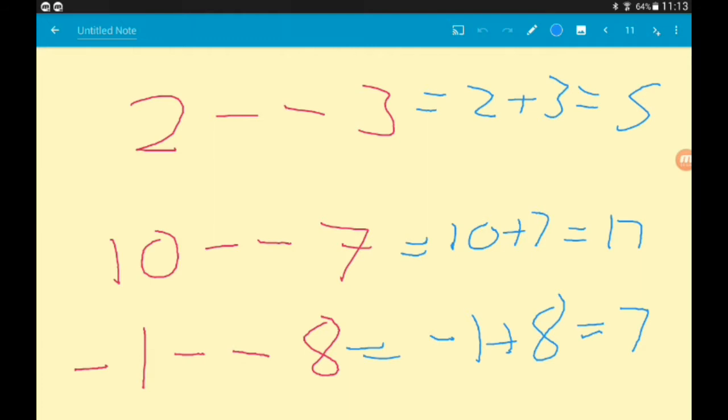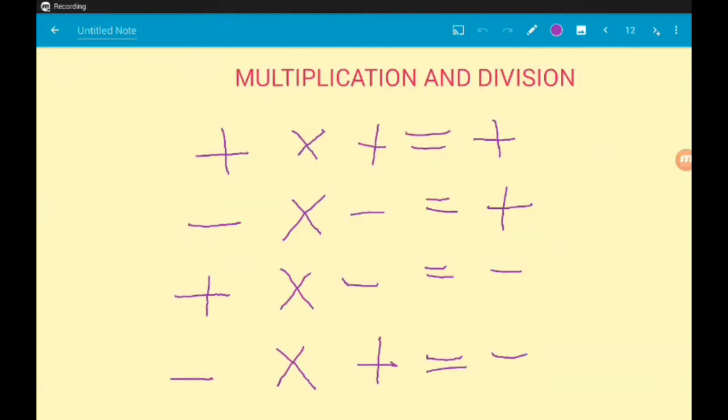So in terms of addition and subtraction, you only have a double negative when your two subtraction signs are right next to each other, and then they become a positive. So now let's have a look at multiplication and division. So here are the rules.